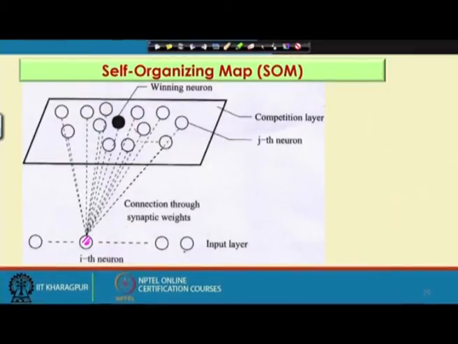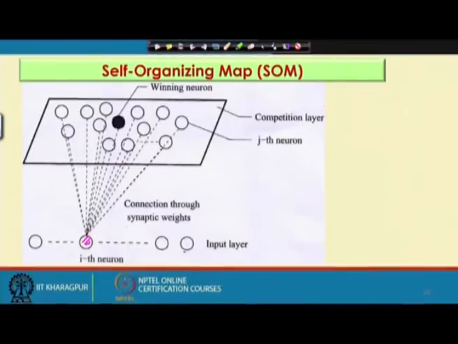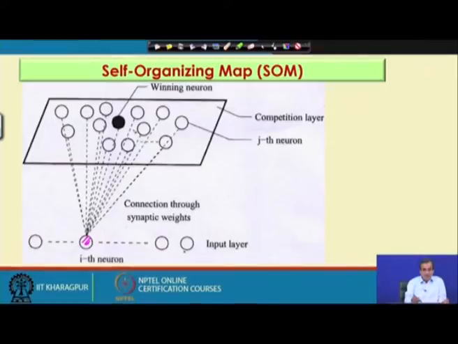So, I will get 1000 Euclidean distance values, and we compare their numerical values and try to find out one point or one connecting weight which is closest to this particular ith data point, and the connecting weight which is found to be closest to the ith data point is declared as the winning point or the winning neuron.